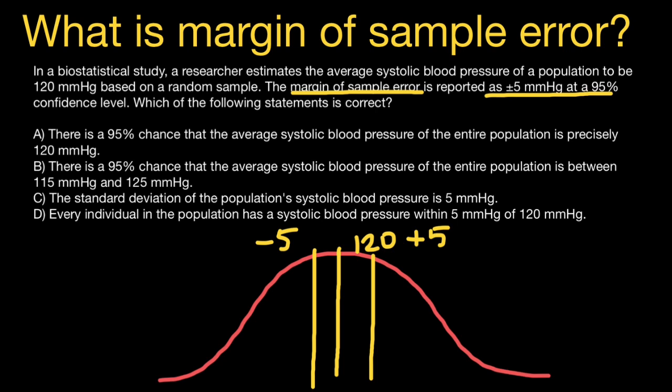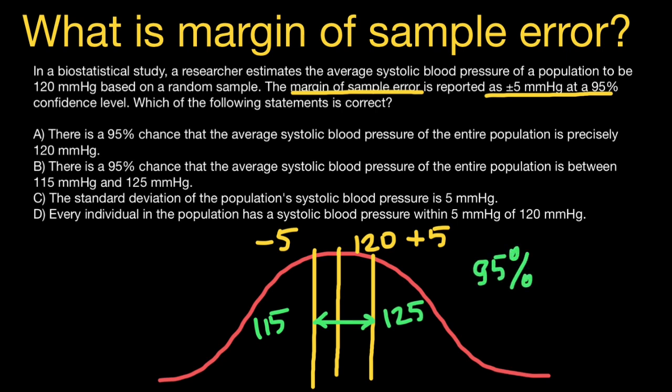And when we say that margin of sample error is reported as plus minus 5 millimeters of mercury at a 95% confidence level, we are actually saying that the true mean of the population has to be between 115 and 125 millimeters of mercury with 95% confidence.